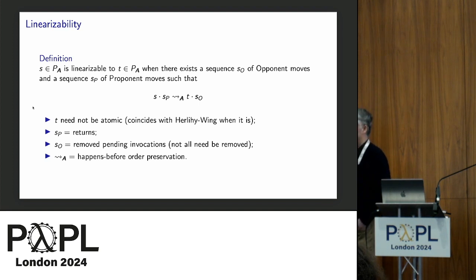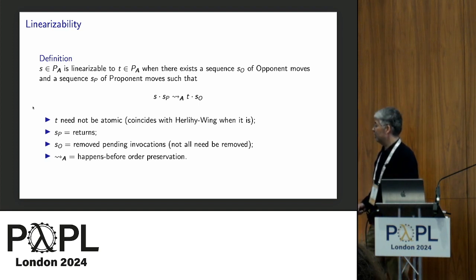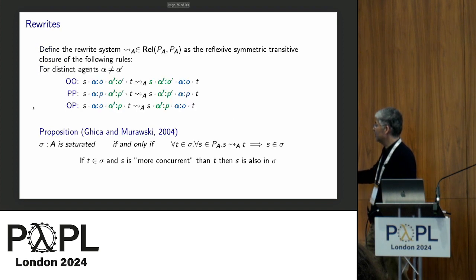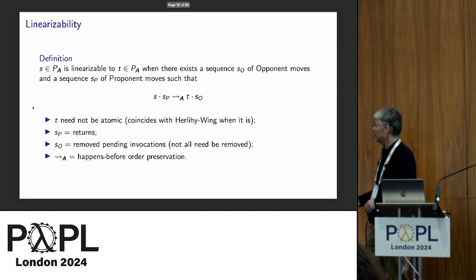These are the methods that have actually already completed, and you use this rewrite system to allow the permutations. So that's the linearizability definition.